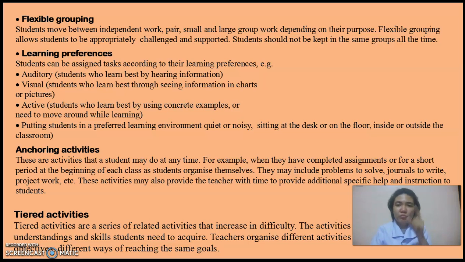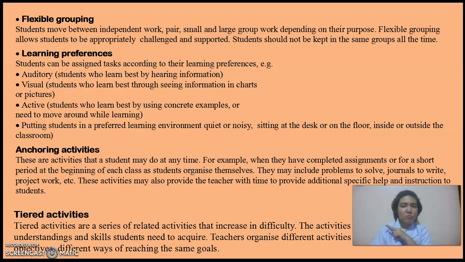Next is the learning preferences. Students can be assigned tasks according to their learning preferences. For example, auditory for students who learn best by hearing information. Visual for students who learn best through seeing information in charts or pictures.